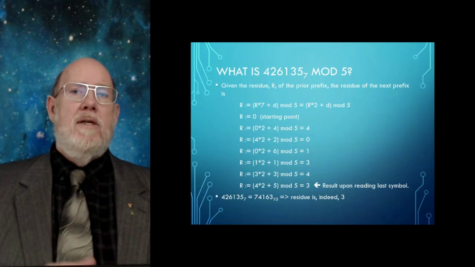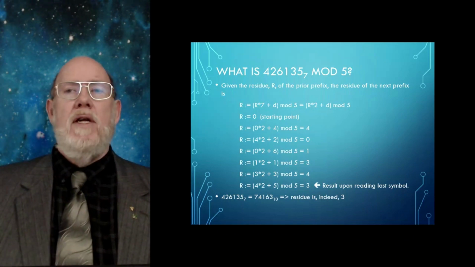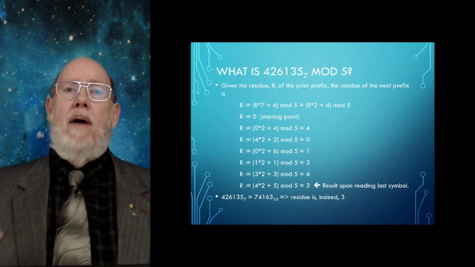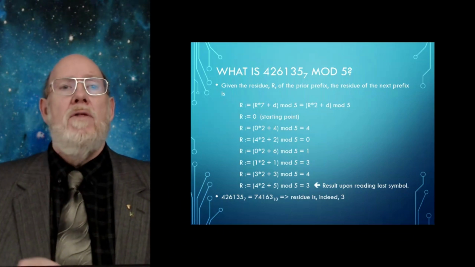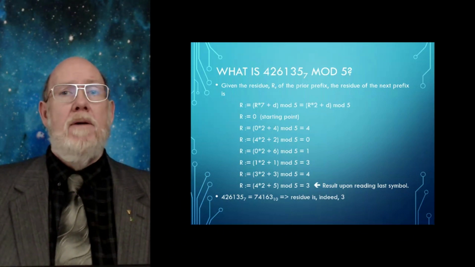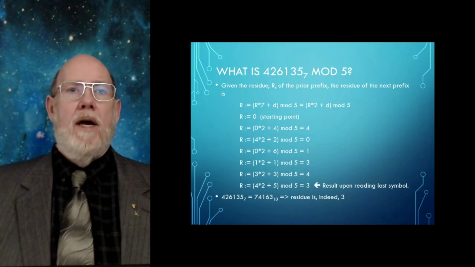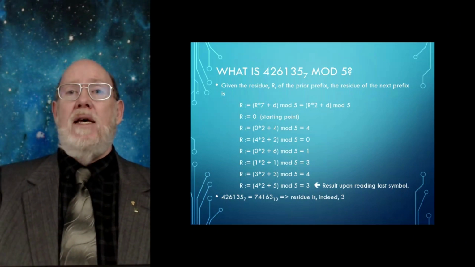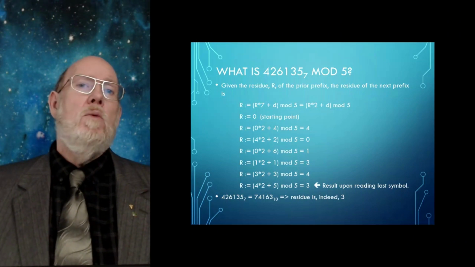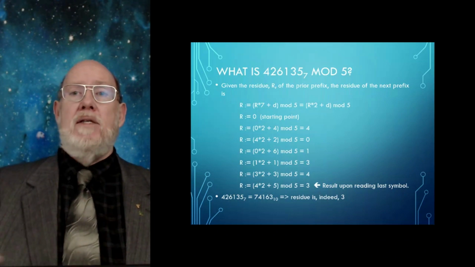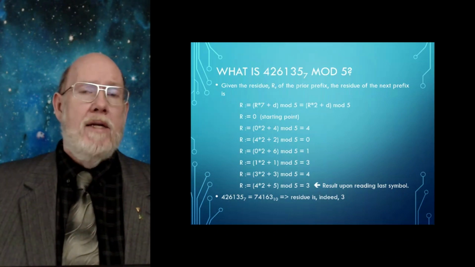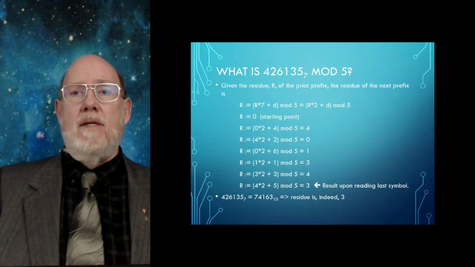You can walk through the rest of the steps, pausing the video if needed, to get the result that, after processing the last symbol, the resulting value is 3. We can confirm this by converting the original value to base 10, and then using the well-known rules for dividing by 5 in base 10, we can see by inspection that the residue is indeed 3.